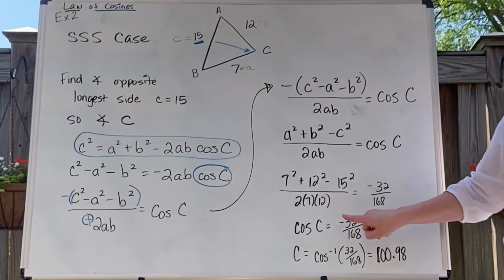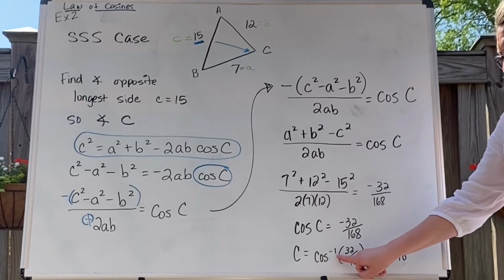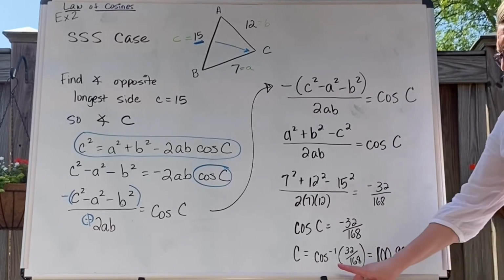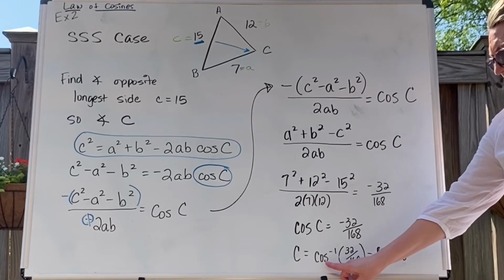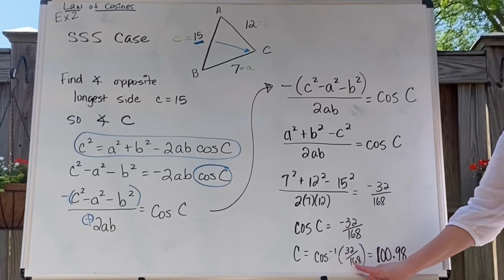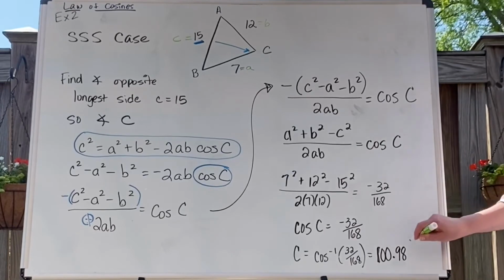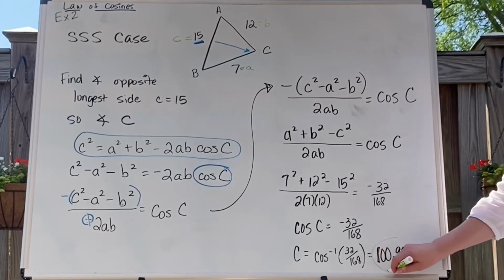So to go backwards and get the angle for cosine, I have to use inverse cosine. So grab your calculator and press inverse cosine, which is second cosine, 32 over 168, and you should get 100.98 degrees. And this is now angle C.